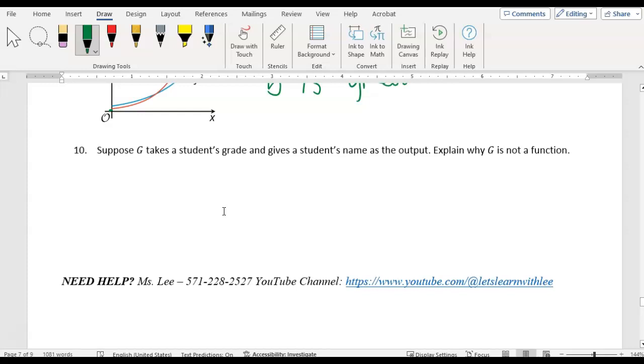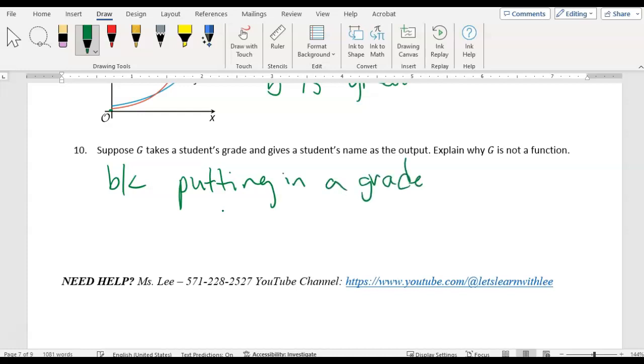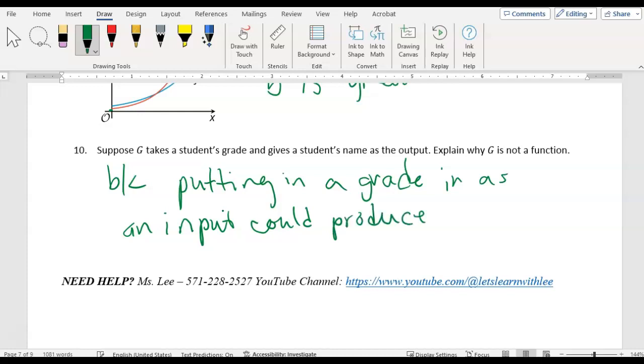All right, suppose G takes a student's grade and gives a student's name as the output. Explain why G is not a function. So the reason this is not a function is because putting in a grade as an input could produce multiple results.